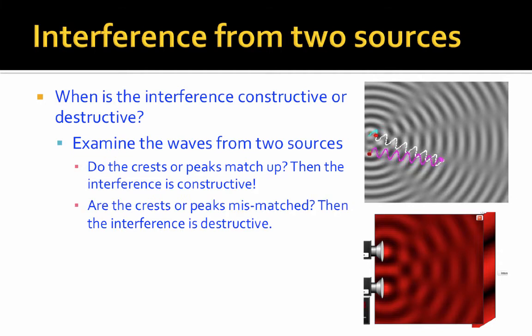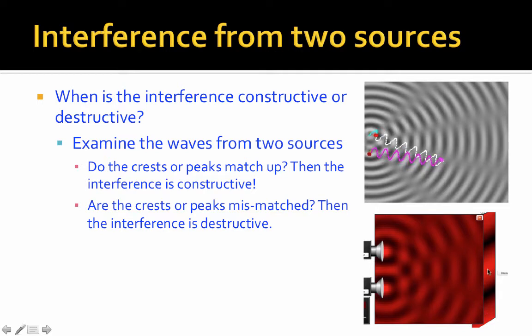If they match up, then the interference is constructive. If they don't match, it's destructive. When we look at this point here in the gray image, the two sources are creating a crest and a trough in the same place, and so we actually have destructive interference, or at least not completely constructive interference.